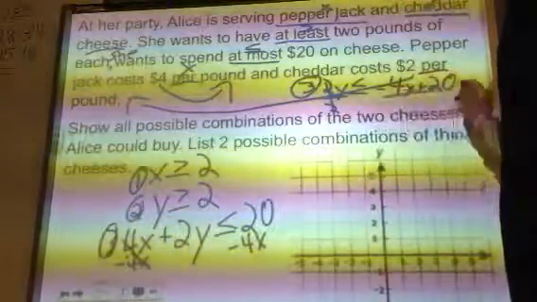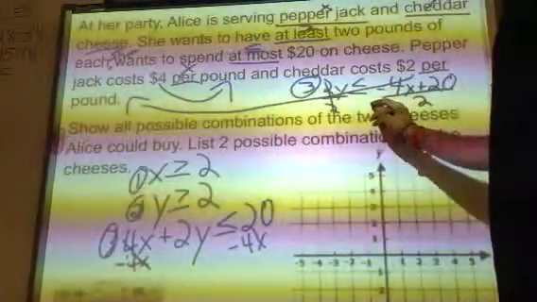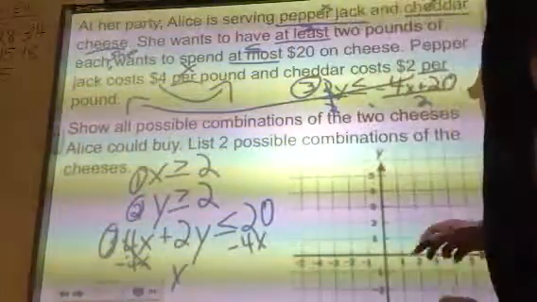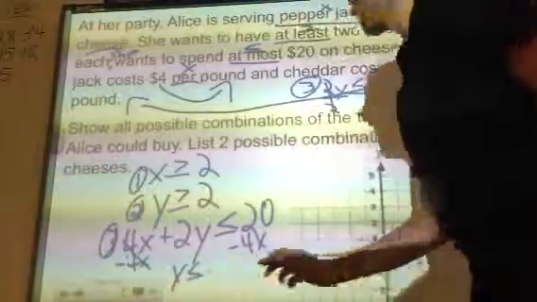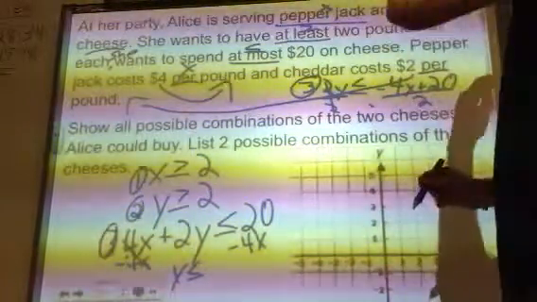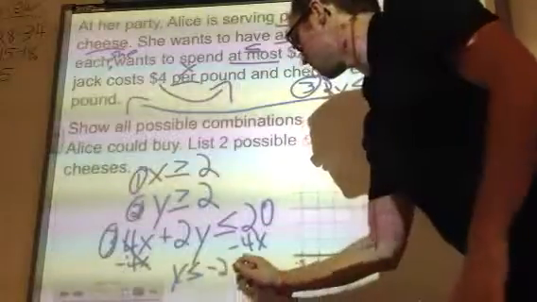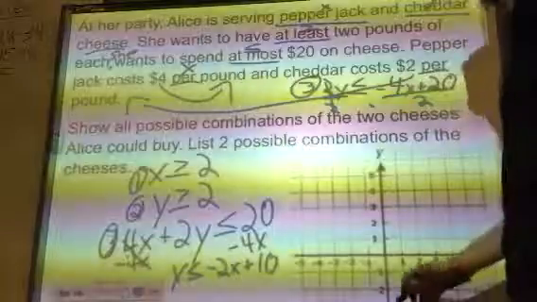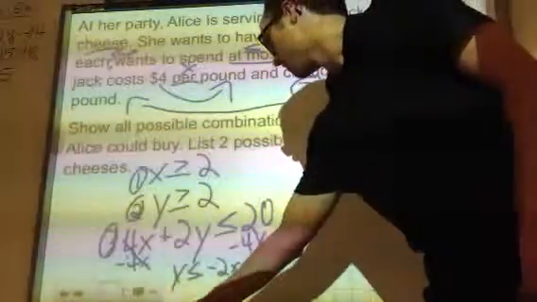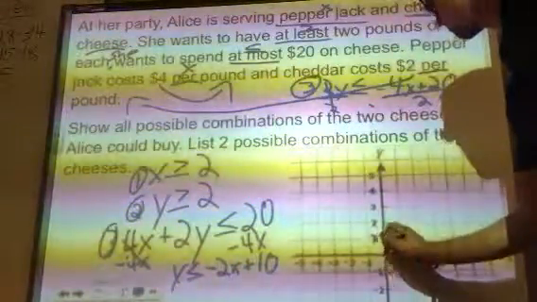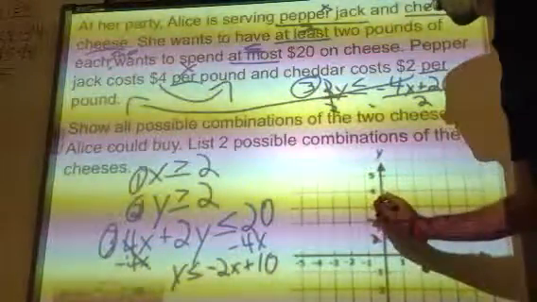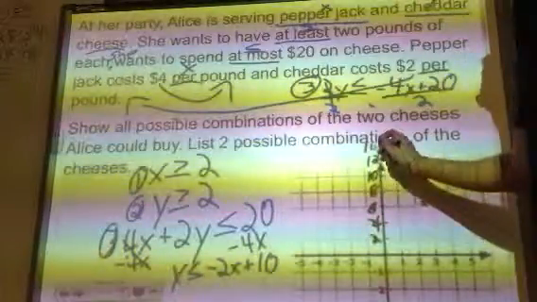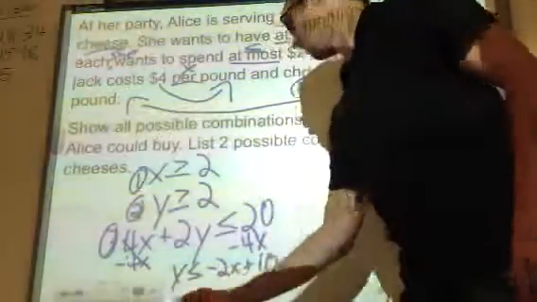Divided by 2 on both sides. And we get y is less than or equal to negative 2x plus 10. Alright, which probably means we should go up by 2 on our y-axis here, just so we can have a y-intercept of 10.